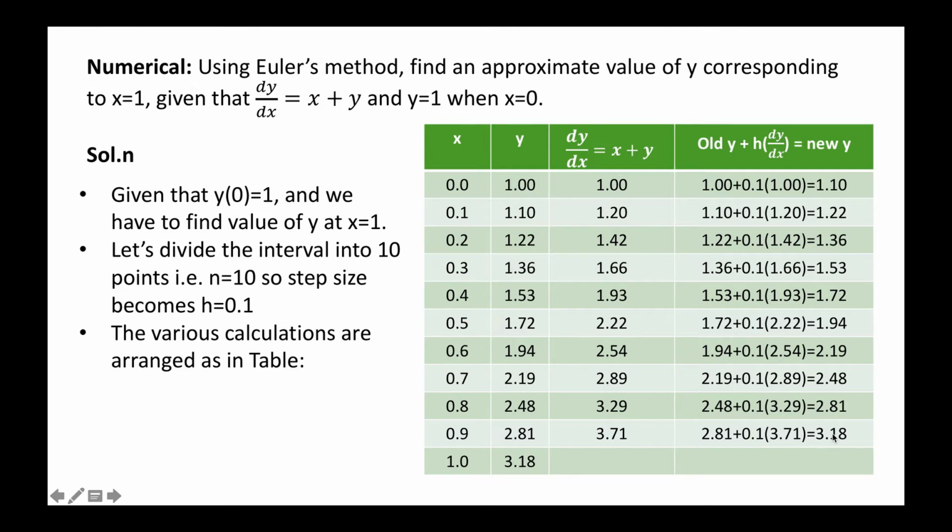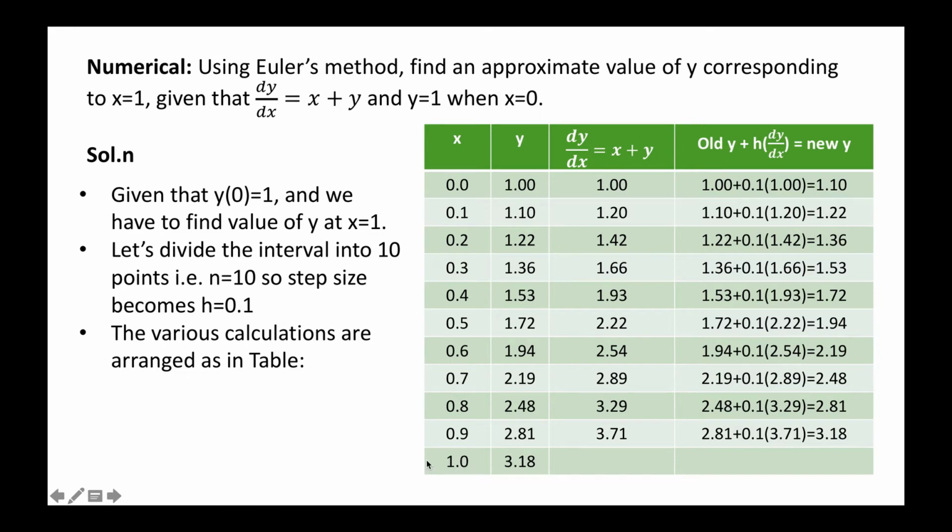We have to stop here, because by using the value at 0.9 we have reached the value of y at 1. If we start from 0 we have the value at 0.1, from 0.1 we have the value of y at 0.2, similarly from x equal to 0.9 we have the value of y at 1.